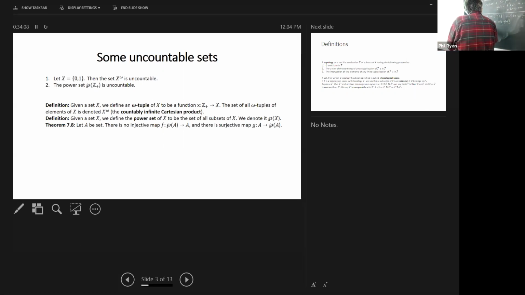And I claim that B is not in the image of G. We can suppose there is an element that maps to B, and then prove the contradiction.